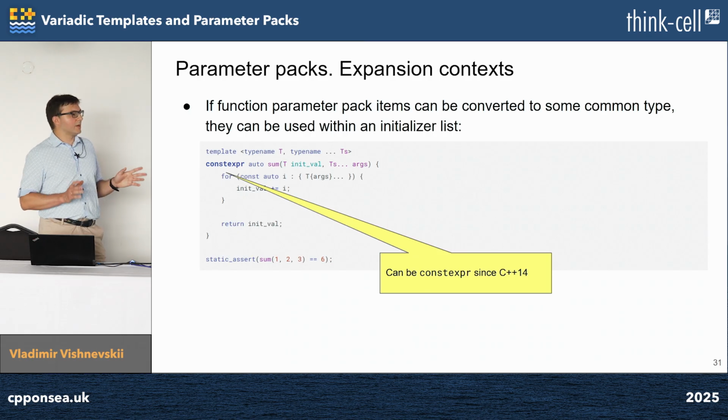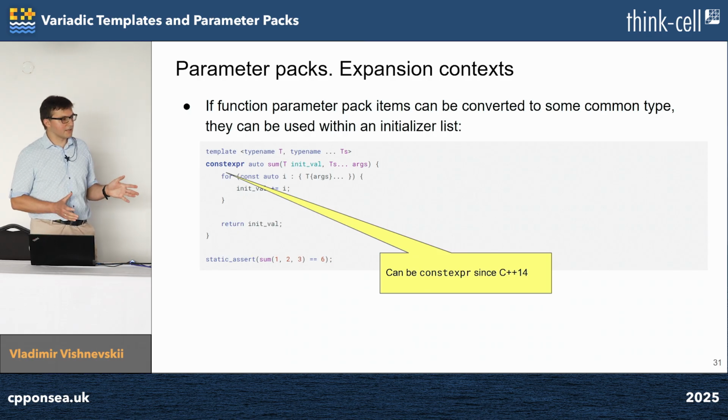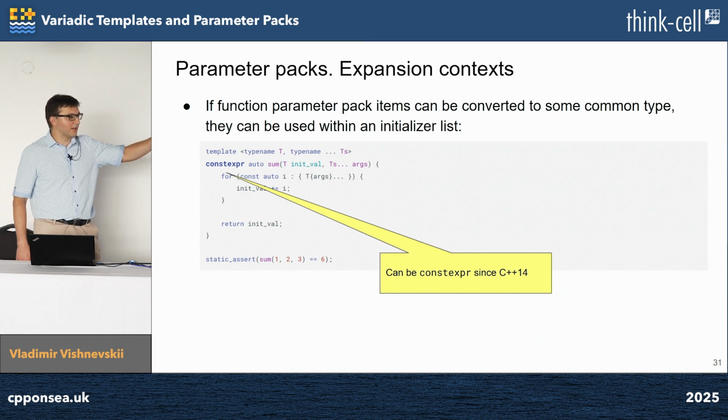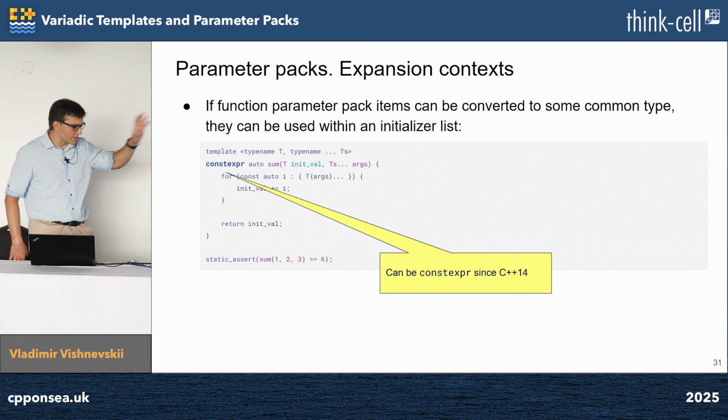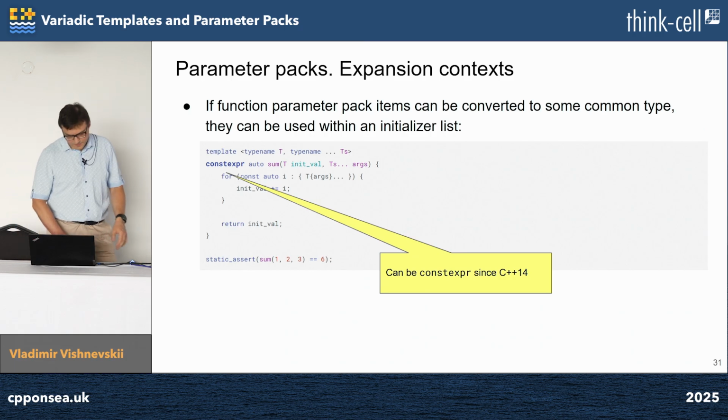And this can be constexpr since C++14. So C++14 significantly relaxed the requirements for constexpr, so it should not be recursive anymore. We can really write this construct and have this evaluated at compile time as a constexpr.